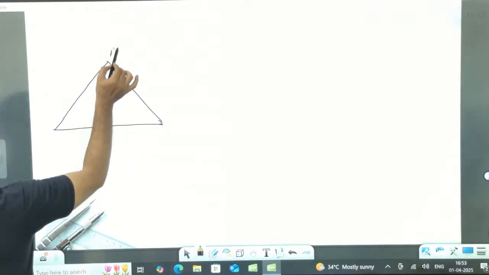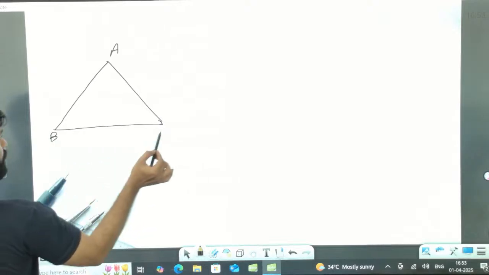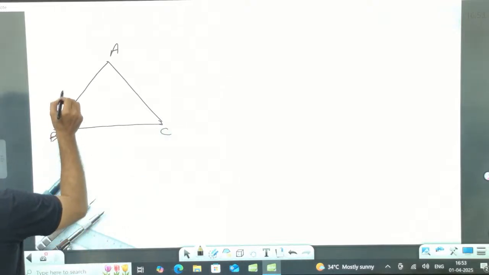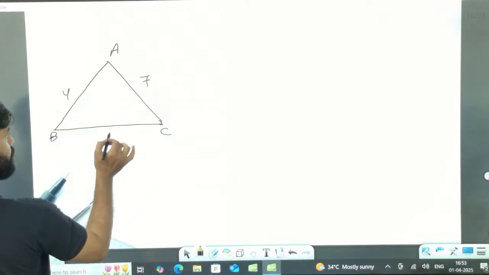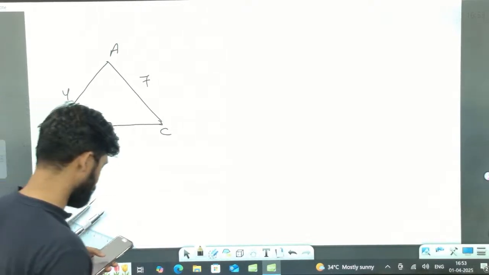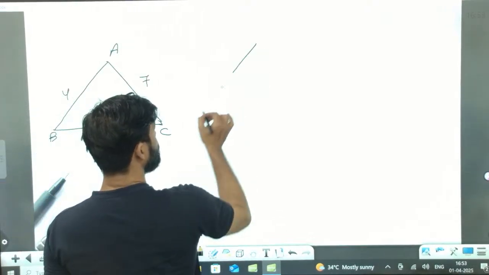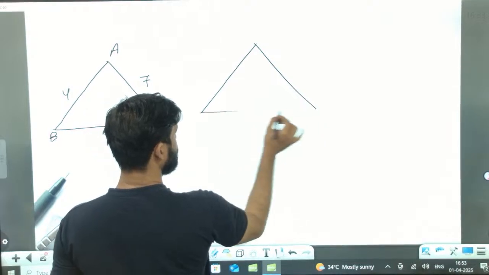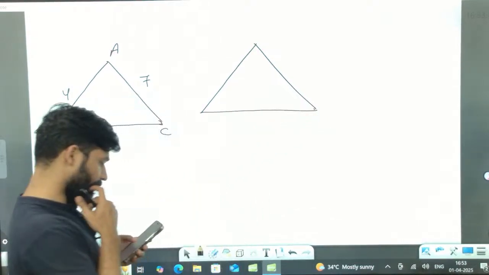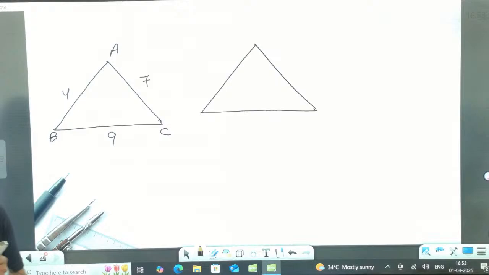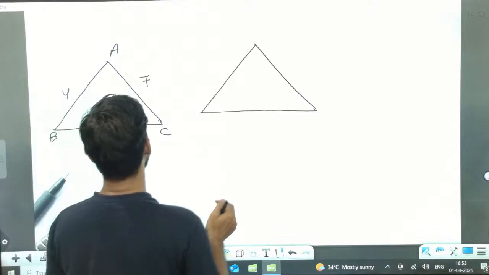This is ABC. 4, 7 and 9 is given. Now read the question. If the length of AB is 4 centimeter, BC 9 and AC is this. If the length of QR is 21 centimeter. So length of QR.